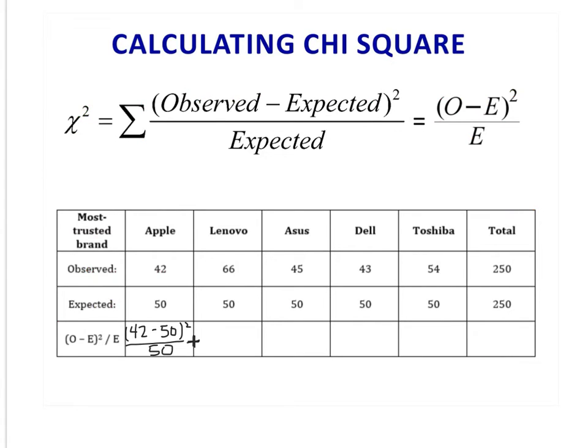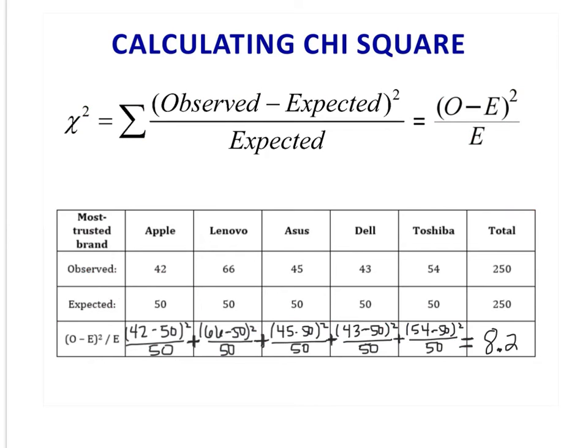So I would add Apple with Lenovo, and so on until it looked like this. So I have all of my components down here. We call these little boxes components. And when I do all of these in my calculator one at a time and I add them together, I get chi-squared, which is this box right here, which is 8.2.